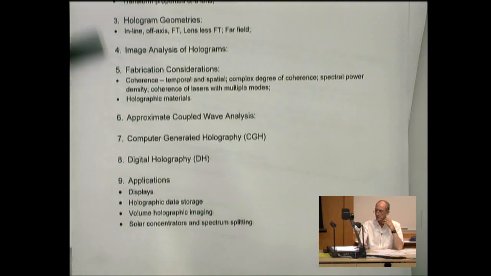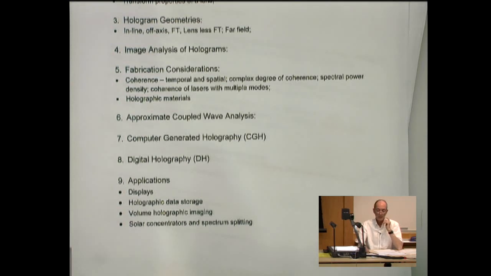The next big section that we'll cover is image analysis of holograms. There are two basic things that you need to do when you're designing holograms. One is you'd like to know where the light goes. Forming an image, or if you're making a grating for some type of spectrometer system or filtering system, you want to know where the light is going.